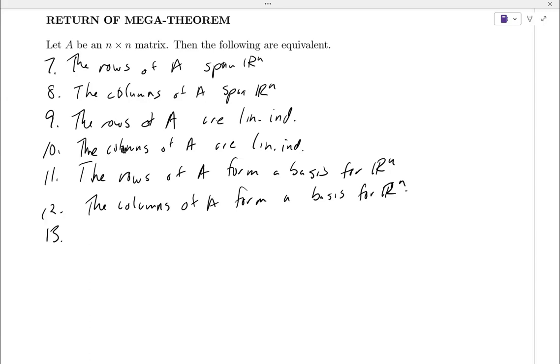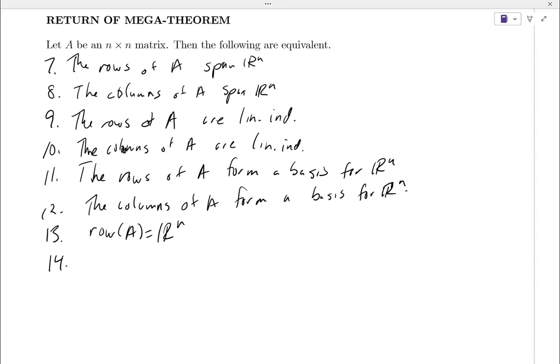If the rows of A span Rn, then what does the row space of A have to equal? Rn, right? It doesn't equal everything. So an equivalent condition here is also that the row space of A is Rn.